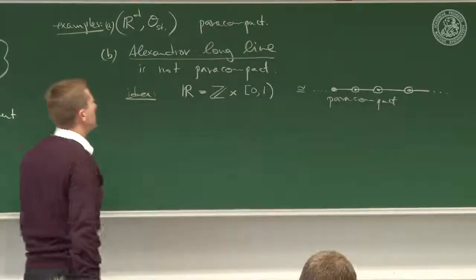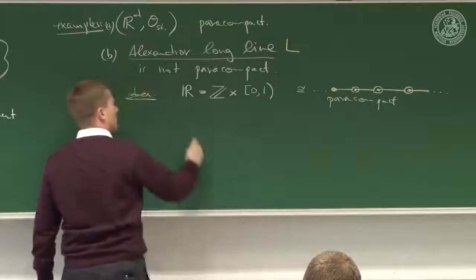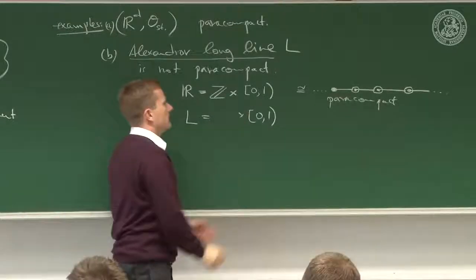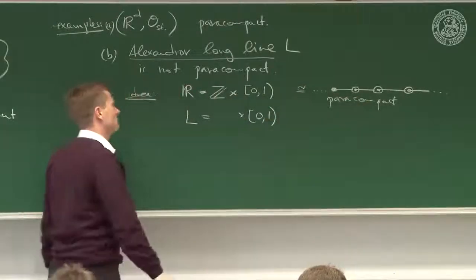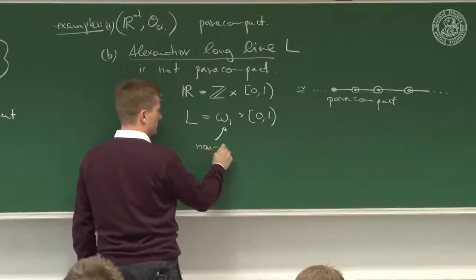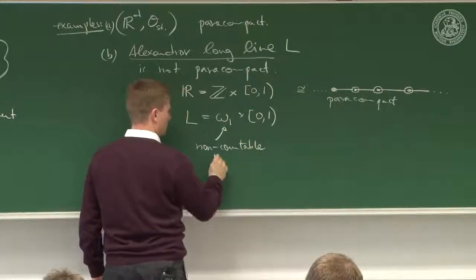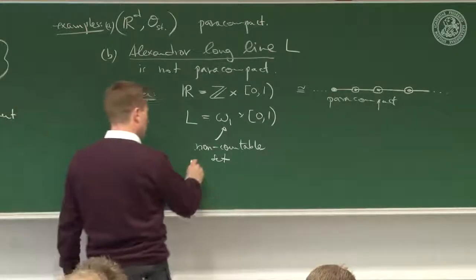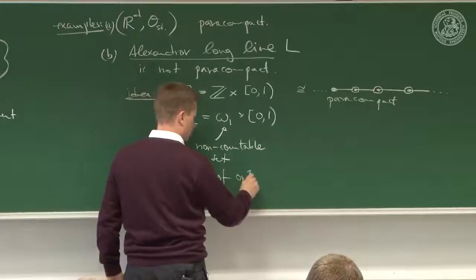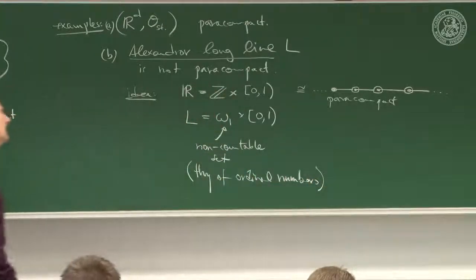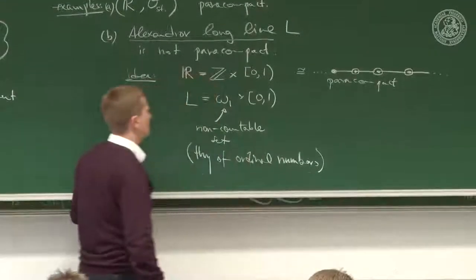So the idea of the long line, let's call it L, is now taking this interval, but not taking it countably often to get the reals, but taking it uncountably often. This is from the theory of ordinal numbers: the smallest such ordinal number that's not finite.